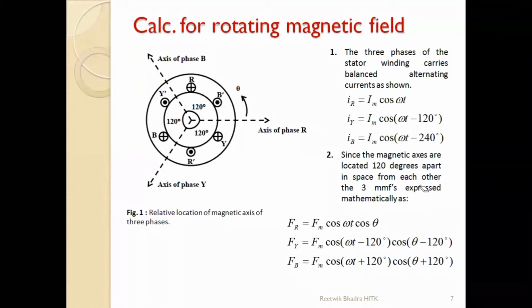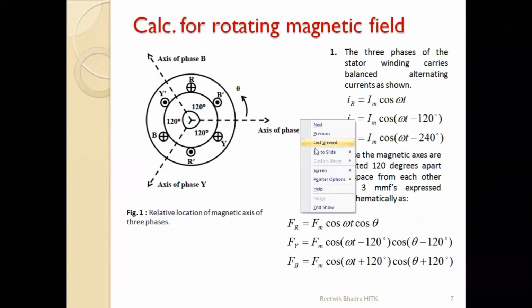Now, one thing I had already said to you is that my magnetic field is rotating in nature, and the maximum value of that magnetic field that is produced, or the resultant of the magnetic field at any point of time, is constant.